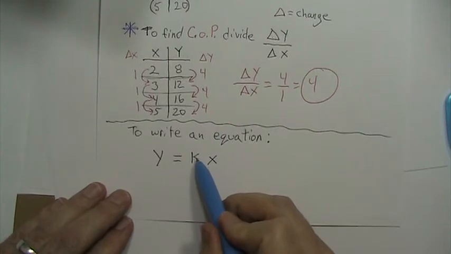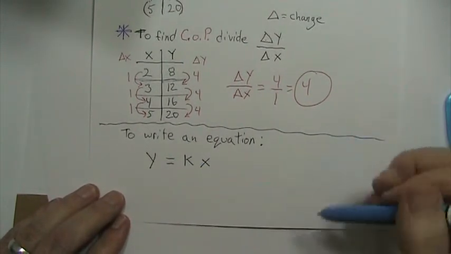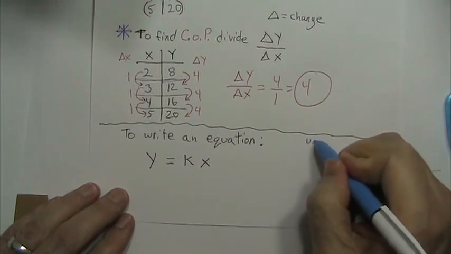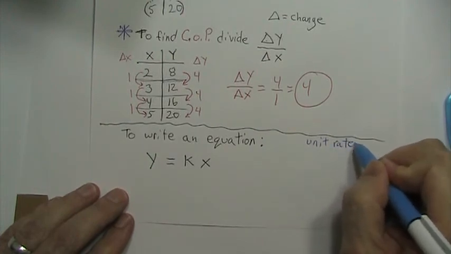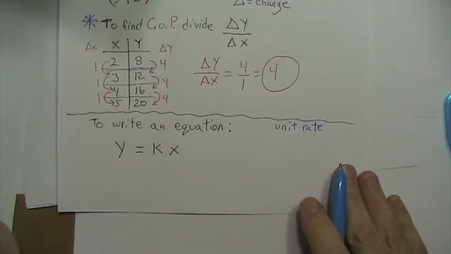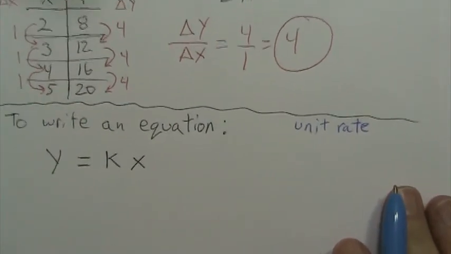Okay, what about that k? If you remember before, we have the words unit rate, and we also have the words constant of proportionality. They mean the same thing.